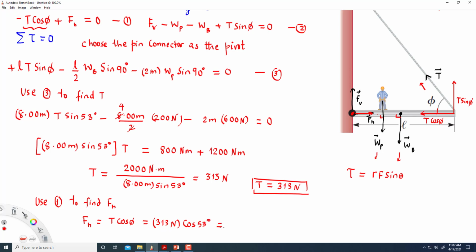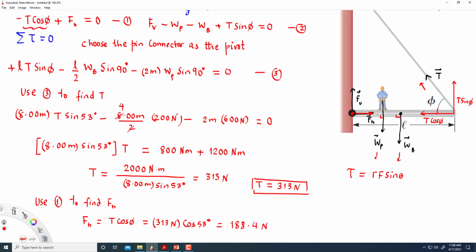So let's look at the calculation. 313 times cosine 53 degrees, that is 188.38, 188 point, let's say 4 newton.